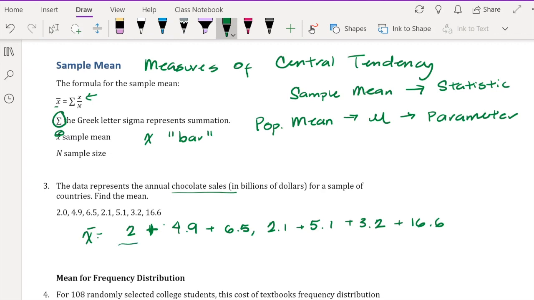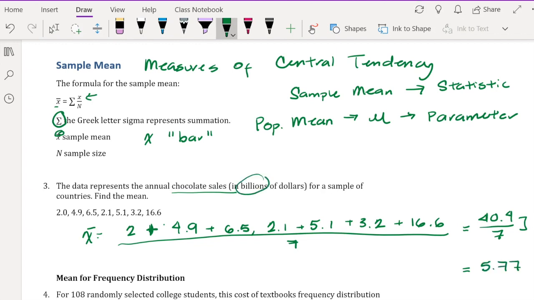All of this divided by the total number of values, which is 7. When I add the top, it is 40.4 divided by 7. And when I make this division, that's going to be 5.77. And the unit is billions, so I can just say billions. That's it. That's the sample mean for the chocolate.